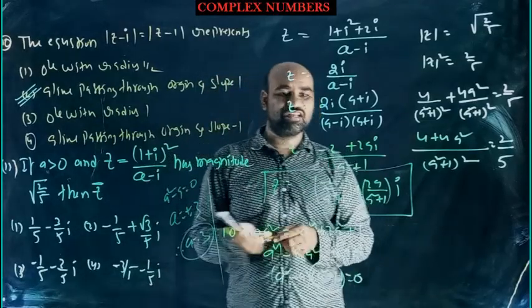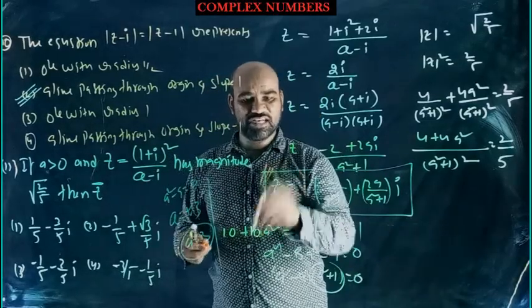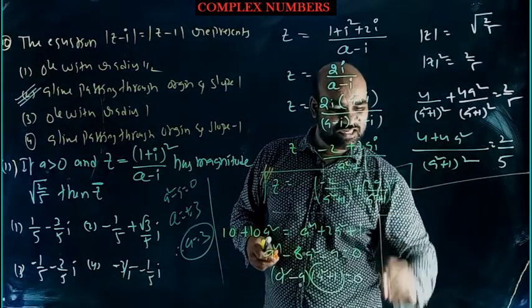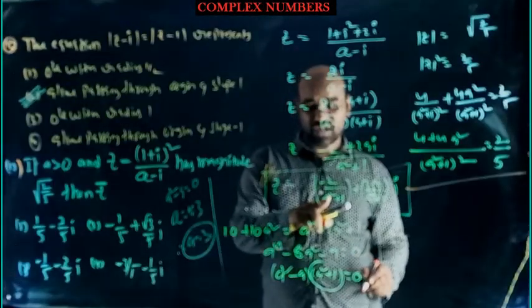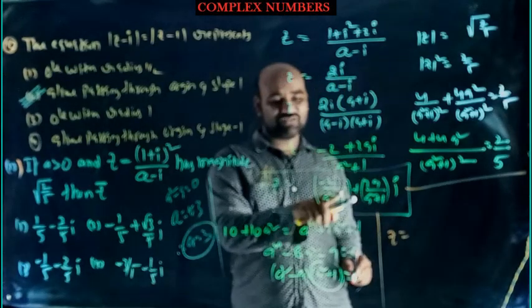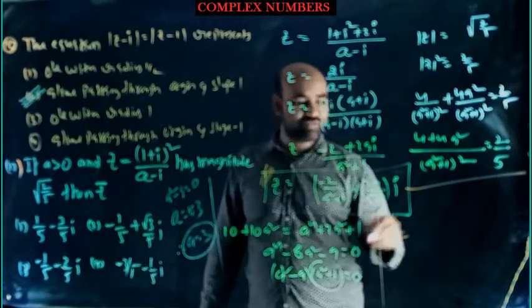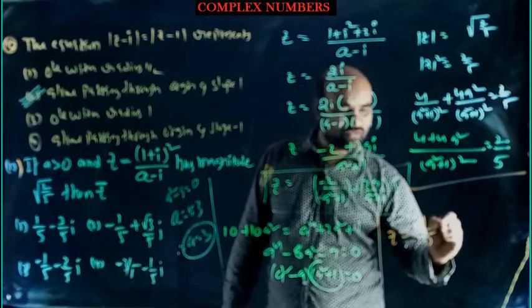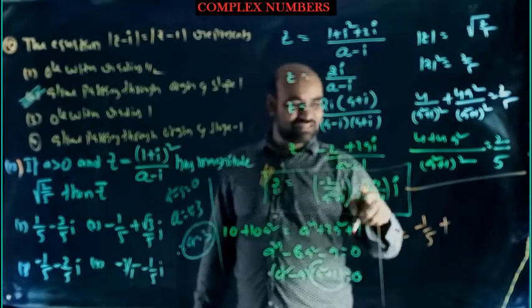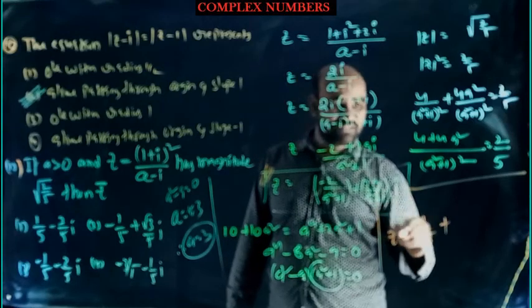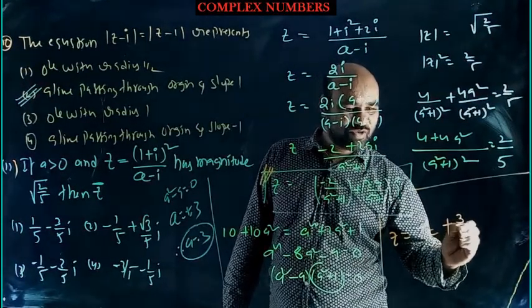Now I want to write what z is here. Actual z equals, with a equal to 3, minus 2 by (9 + 1), which is 10, means minus 1 by 5, plus 2a, here 6 by 10, means 3 by 5 i.